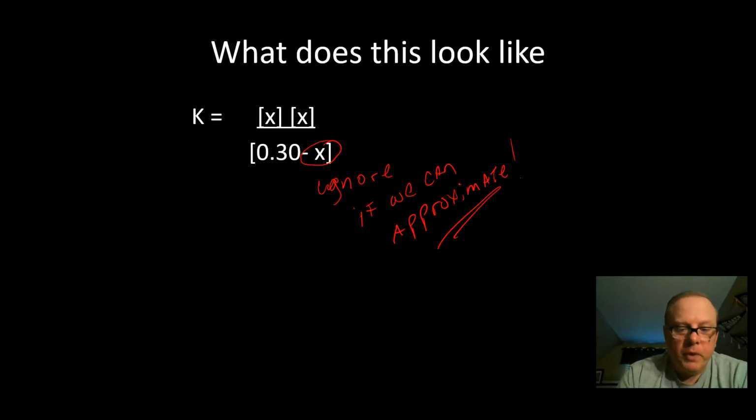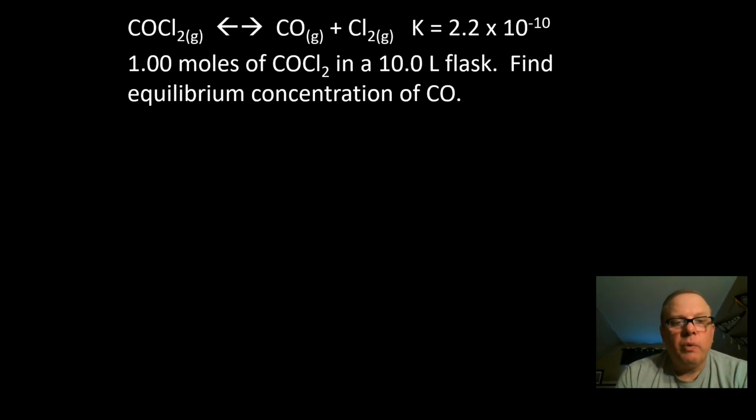Now, here we go. We've got this reaction where phosgene is going to decompose into carbon monoxide and chlorine gas. The K on this reaction is 2.2 times 10 to the negative 10. And again, as soon as I see this really low K, I start thinking, can I approximate? I've got 1 mole in a 10-liter flask, so that means my initial concentration is going to be 0.1.